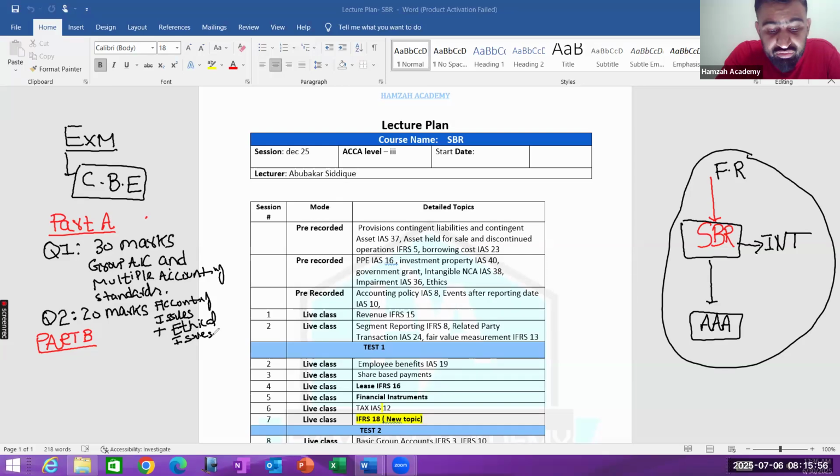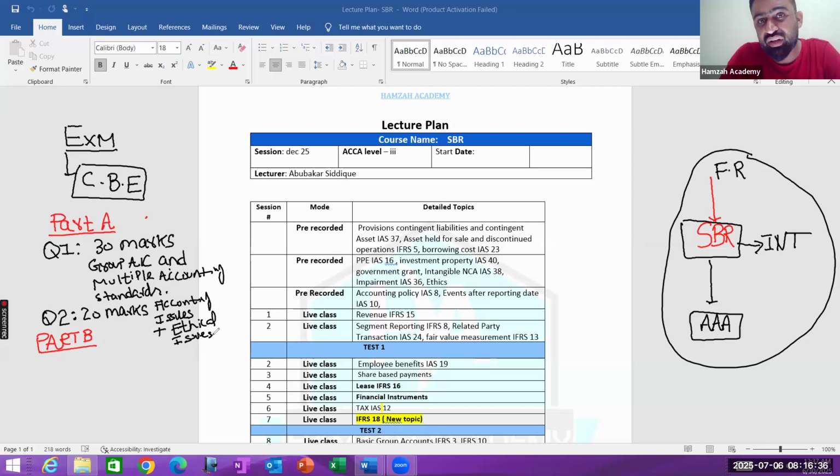consist of requirements in which the examiner would ask you to explain an accounting issue, or to evaluate, or to analyze, or to discuss the accounting problems in a given case study. So SBR is not a numeric paper like financial reporting. There will be some marks, as I told you, 20% to 25, 30% marks, but the majority of the marks would be available on the basis of discussions, evaluation, and explanations.